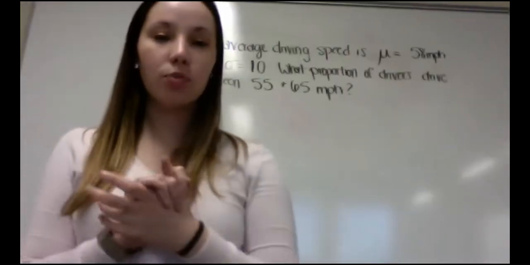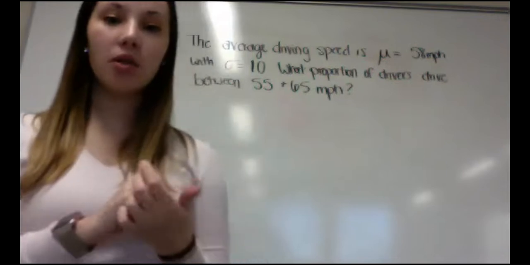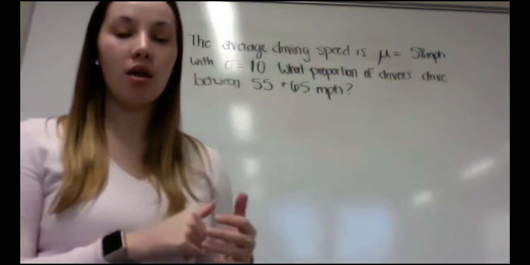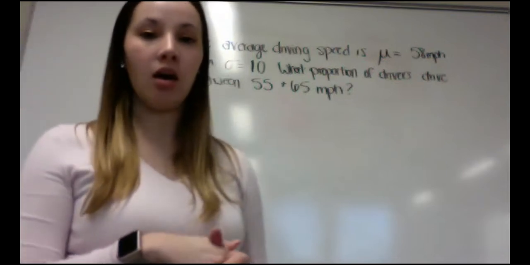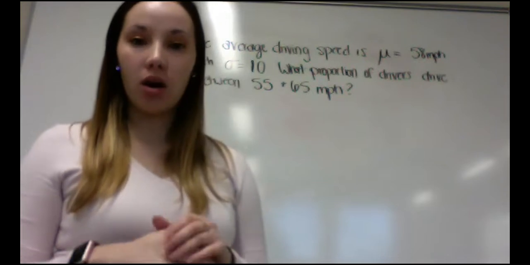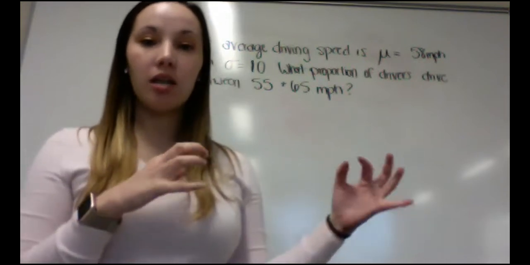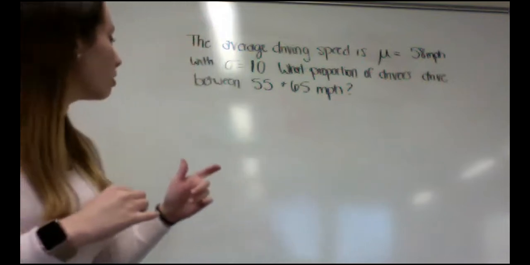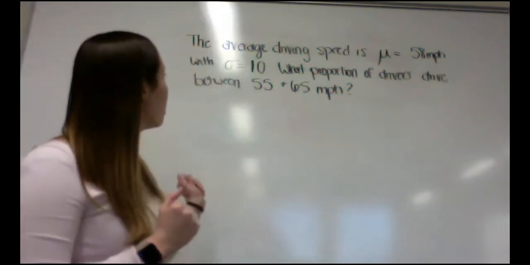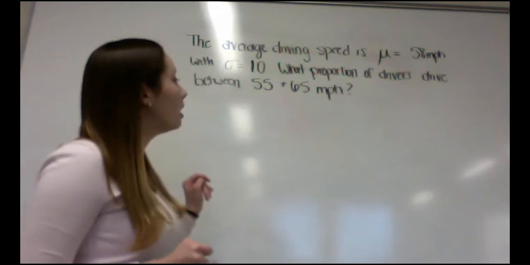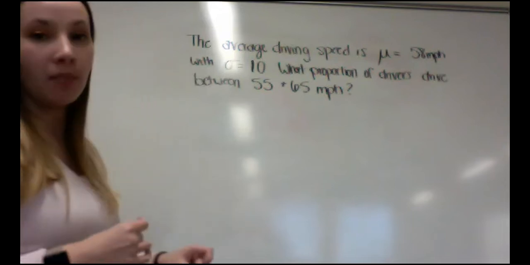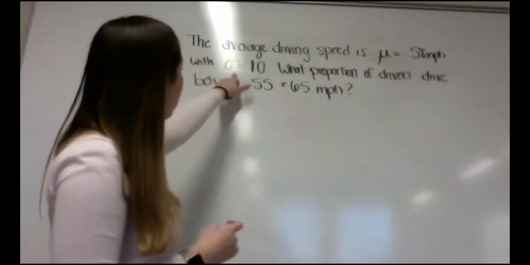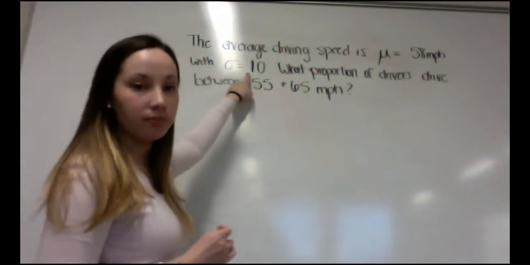Okay, now we're going to do a problem that's a little bit different, but it's really important that we understand these types as well. So with these, we are taking raw data and we are converting it to z-scores and then finding the probability of those z-scores. So the problem tells us that the average driving speed is 58 miles per hour with a standard deviation of 10 miles per hour.